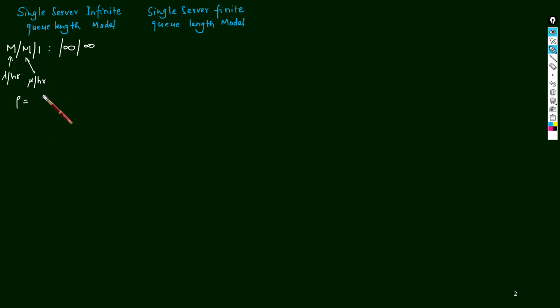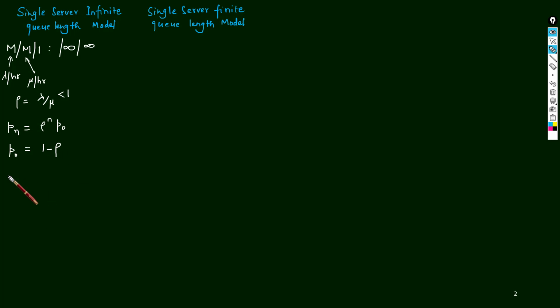So we have defined rho, the utilization factor, which is equal to lambda by mu. In case of infinite, it should be less than 1. We have defined the probability of n customers in the system: Pn is rho to the power n into P naught, where P naught is the probability of 0 customers in the system, that is 1 minus rho.